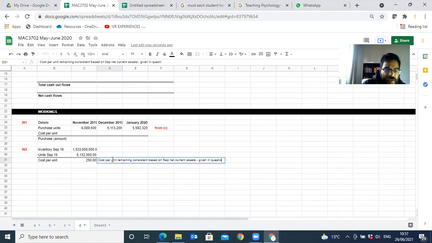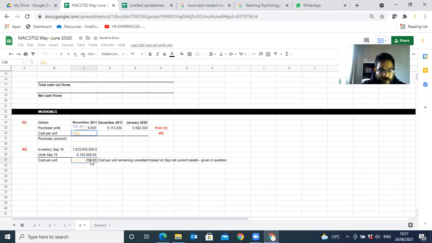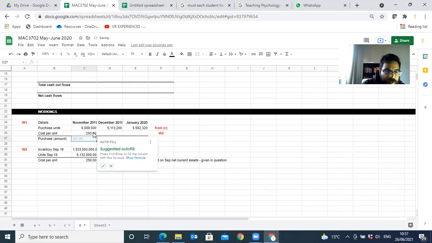You don't have to write this; they will know what you're doing, I'm just telling you. So then it is working two. Cost per unit is simply going to be 250. So purchase amount is going to be that multiplied by that.